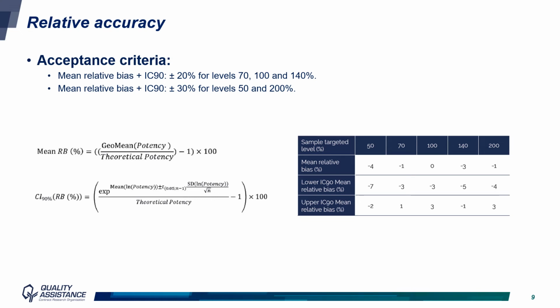The acceptance criteria were set as: mean relative bias 90% confidence interval must be within plus or minus 20% for potency levels from 70 to 140% and must be within plus or minus 30% for potency levels 50% and 200%. As we can see in the table, all acceptance criteria were met for all levels.